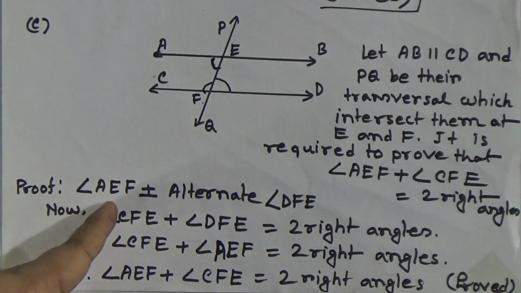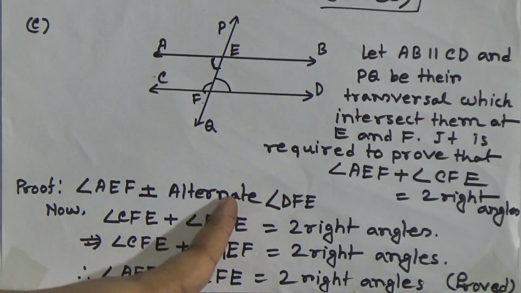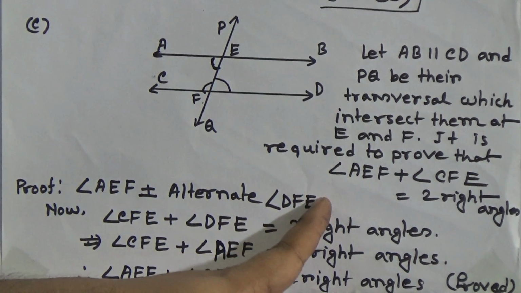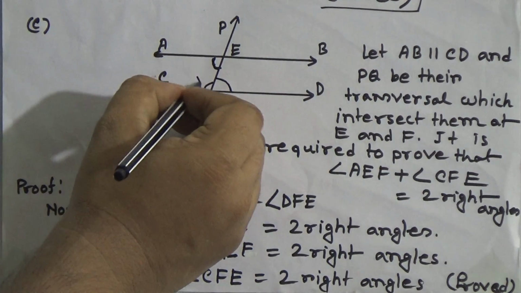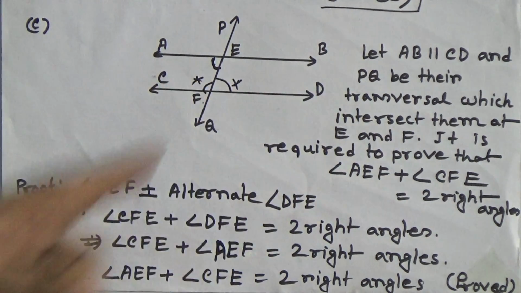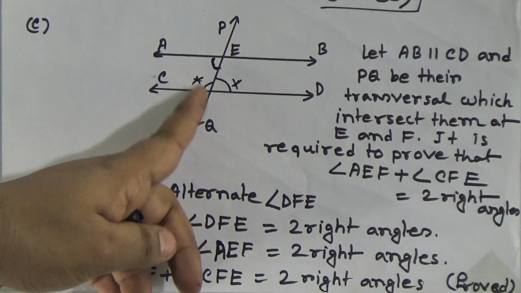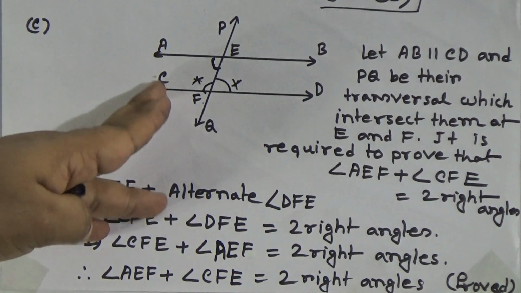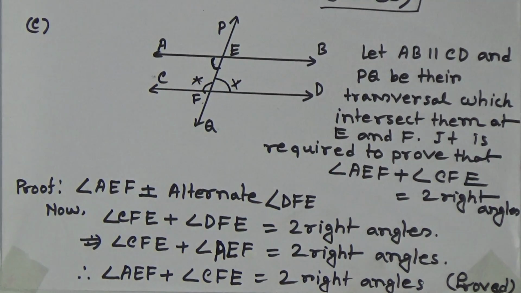For this reason, we can write angle AEF equal to alternate angle DFE. Now, dear student, notice this angle and this angle. If I add these two angles, then we get two right angles. I repeat, if I add CFE and DFE, we get two right angles.